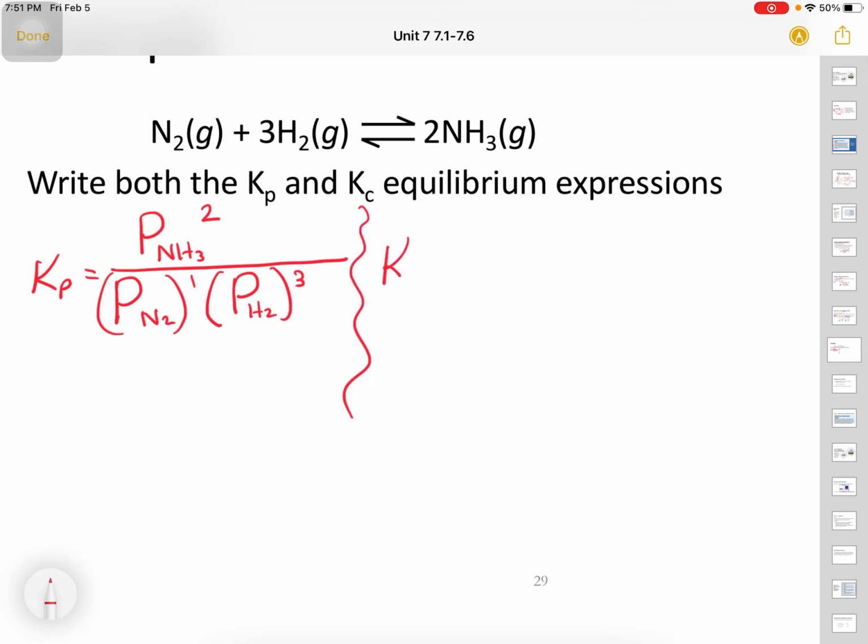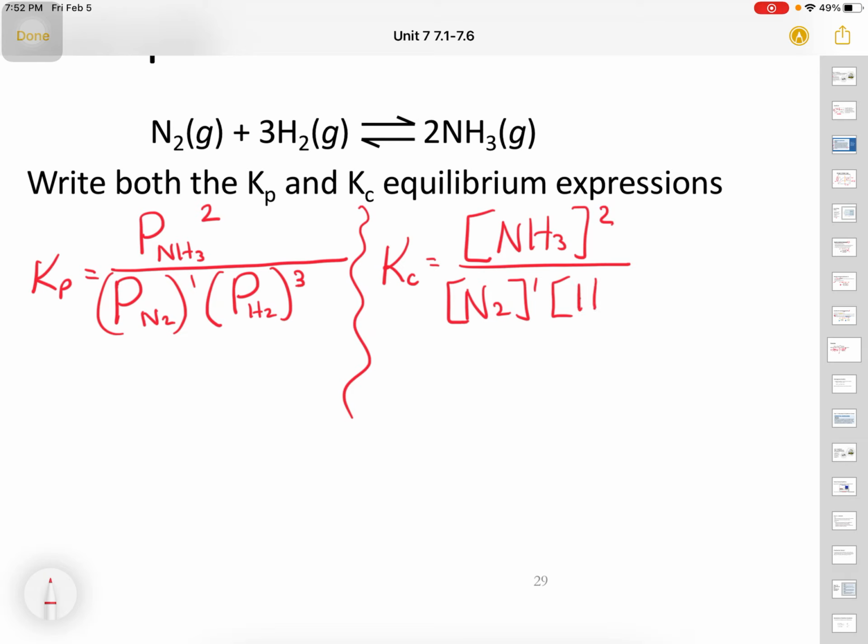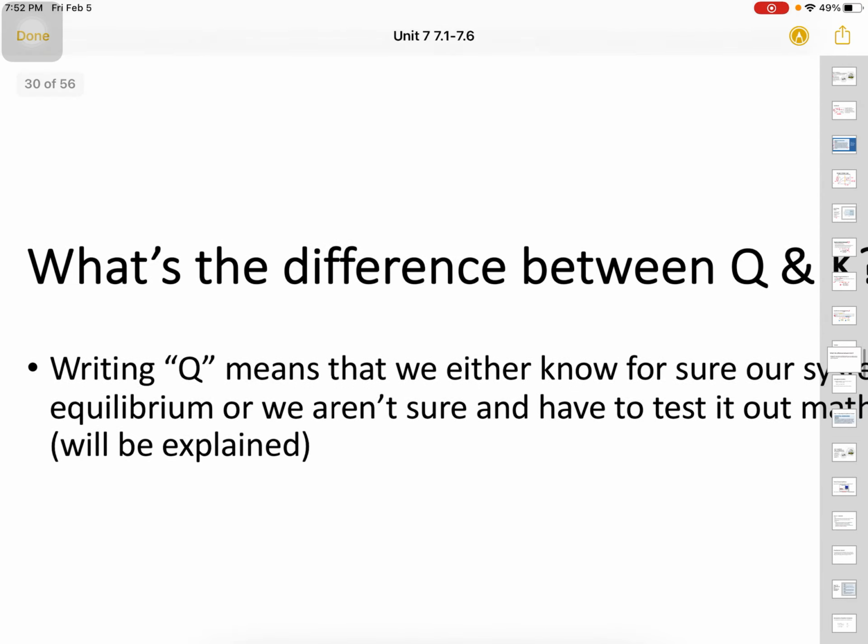If we're doing this as concentrations, it would be the molarity of NH3 squared divided by the molarity of nitrogen to the first times the molarity of hydrogen cubed. So you can see the placement of the substances is the same. The exponents that you're going to be using are the same. But if they ask for a Kp and you throw brackets in, it will be wrong. It's on the reference sheet. It shows you how to format a pressure-based one versus a concentration-based one.